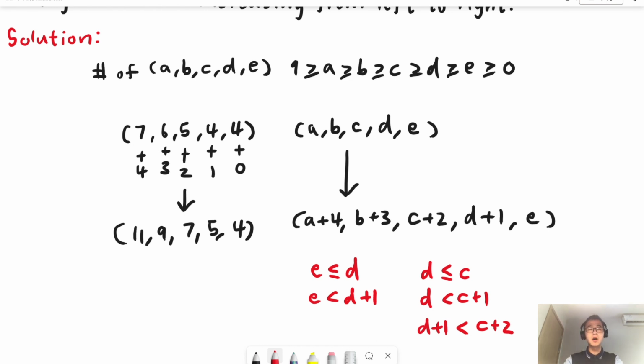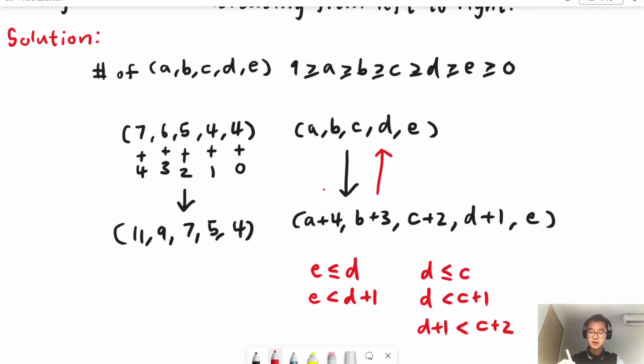Alright, so now we solved the problem of the digits being distinct. But I would like you to note that the transformation we used to turn our digits into distinct numbers is a bijection, because from this old ordering, I added the corresponding increments to turn it into the new ordering. And from the new ordering, I can subtract the corresponding increments and turn it back to the old ordering.